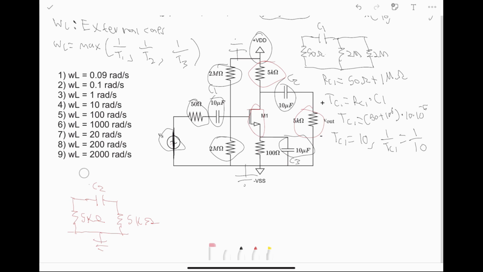It's an open circuit. And from that, RC2 is just going to be these two 5K resistors in series, so it's equal to 10 times 10 to the third, 10K.